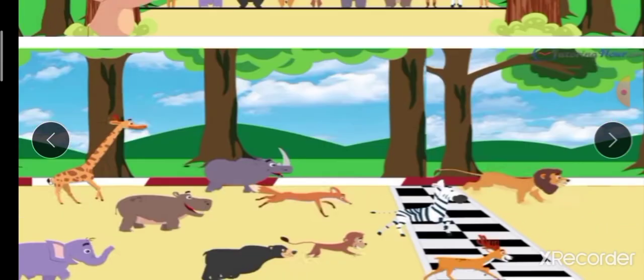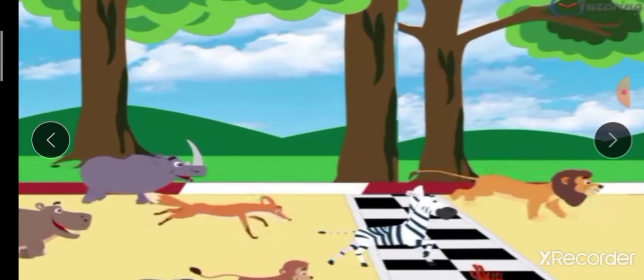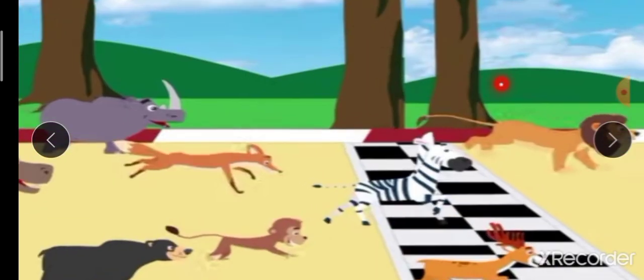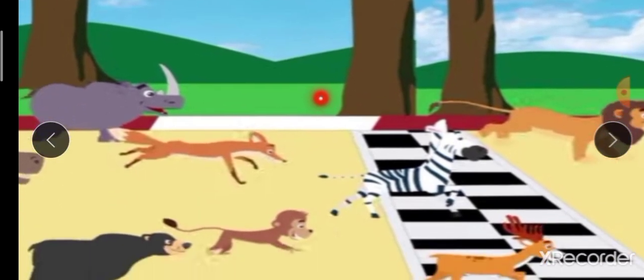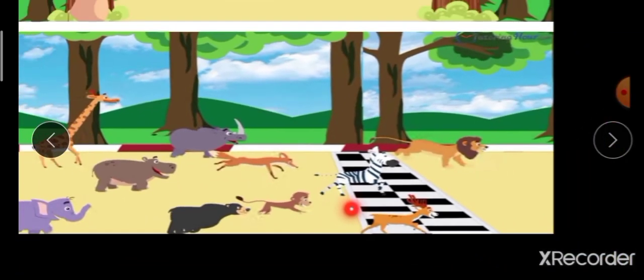And who wins the race? It's the lion who's first. Then it is the zebra and then the deer. So we can say lion is first, zebra is second and deer is third. The rest we don't count because they are yet to reach the finishing line, isn't it?